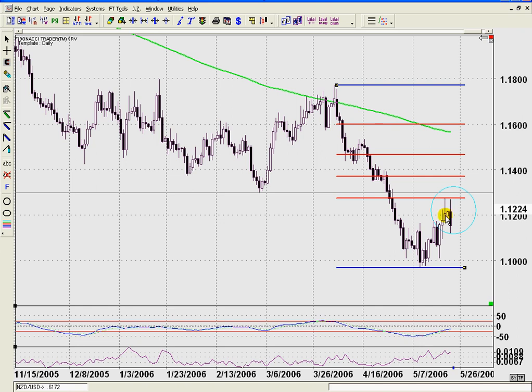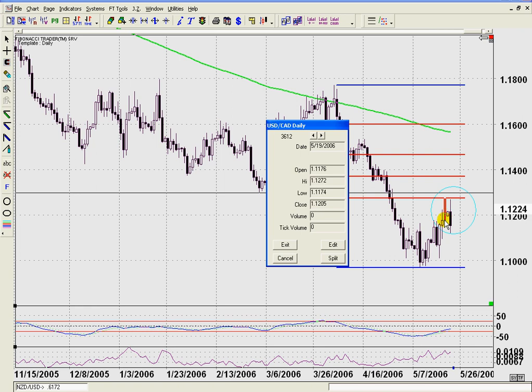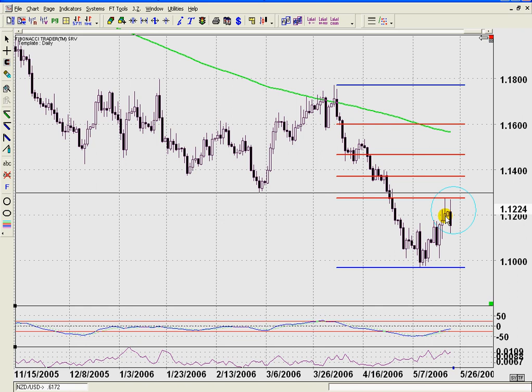For example, this candlestick opened at 111.76 and reached a high of 112.76. It bounced all the way back and closed at 112.05 for a 70 pip bounce just on that candle. Probably even more. It's a minimum 70 pip bounce just on that 38% retracement.